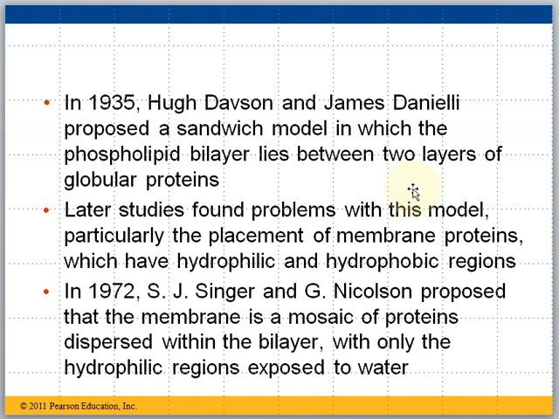It does have a phospholipid bilayer, but there are proteins embedded on it and in it, and sometimes these proteins go all the way through. The parts of the proteins that are phobic would be in the middle of the bilayer, and the parts that are philic toward the water would be on the outside. So in 1972, this enhanced model, which we now call the fluid mosaic model, came about.